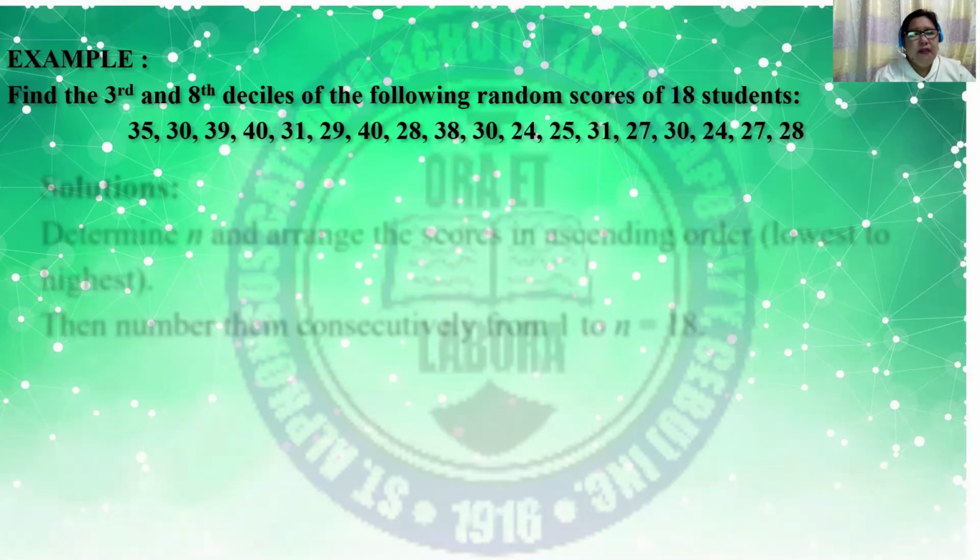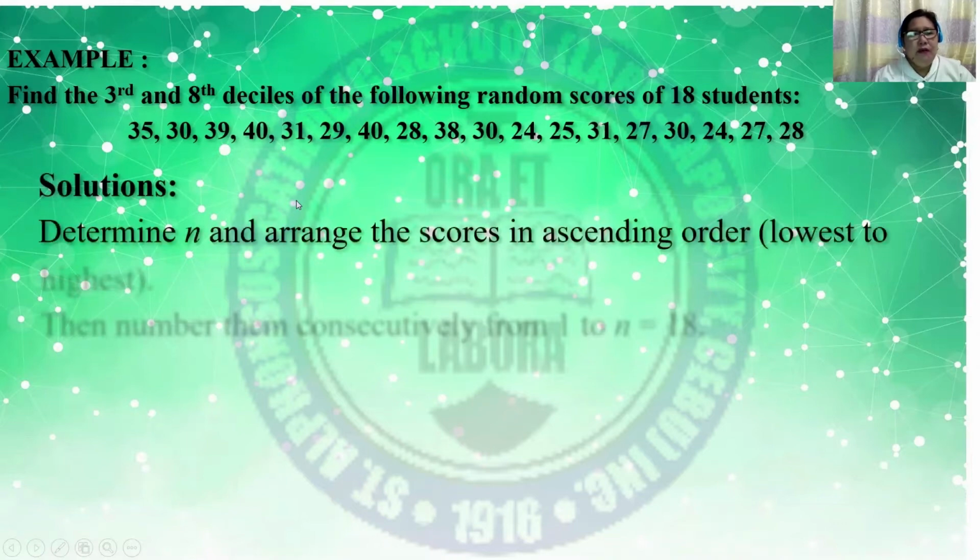For example, find the third and the eighth deciles of the following random scores of 18 students. The scores are 35, 30, 39, and so on. For the solutions, first you have to determine the number of the scores and arrange the scores in ascending order, that is, from the lowest score to the highest score.